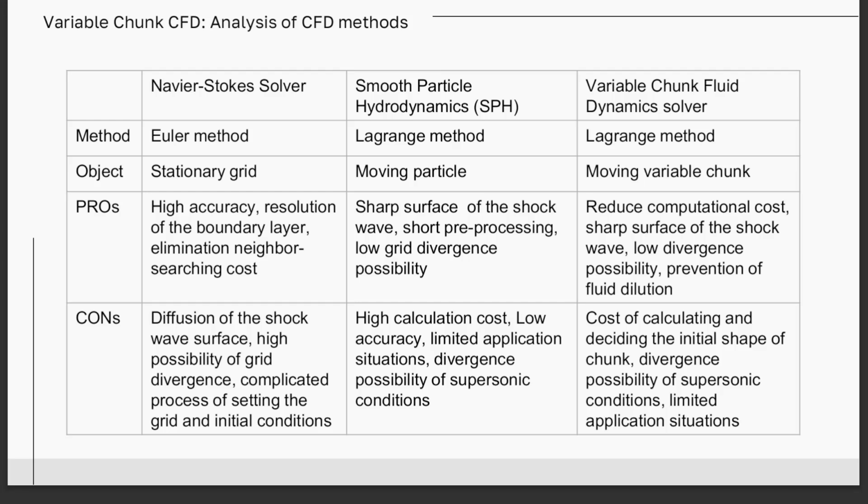Since this method is a kind of particle-based CFD, it also retains the advantages of capturing a sharp surface of the shock wave, low divergence possibility, and prevention of fluid dilution. Conversely, the weaknesses of this method are the cost of calculating and determining the initial shape of the chunk, divergence risks in supersonic conditions, and limited application situations.